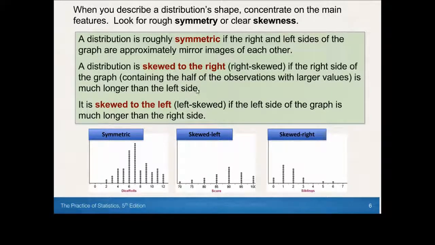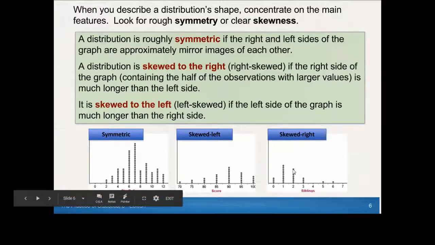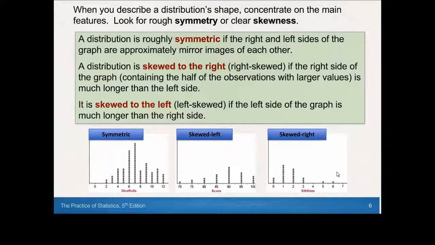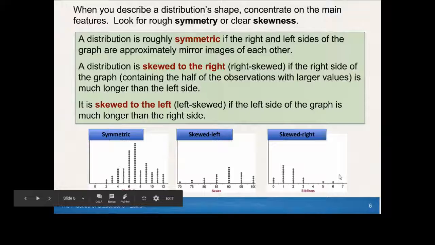And as we go through more of the calculations, you'll sort of understand better. You'll be able to look at graphs and say, oh yes, the single dots over on the right are going to change the average, so that means that the data on the right is skewing the data, so we call it skewed right.